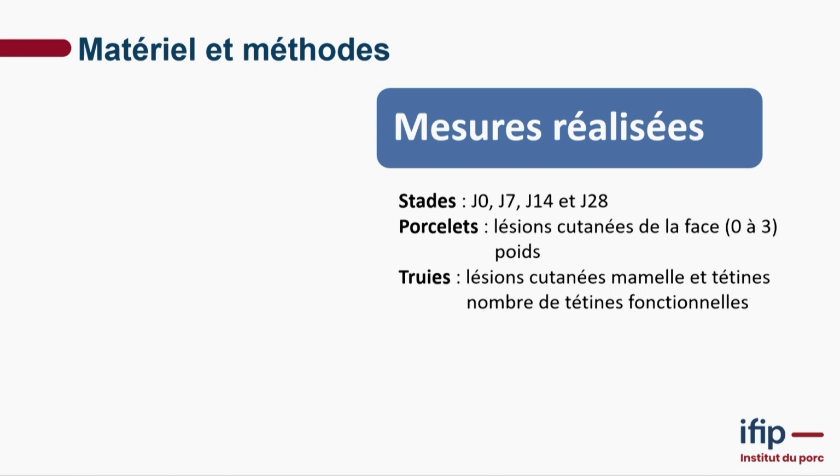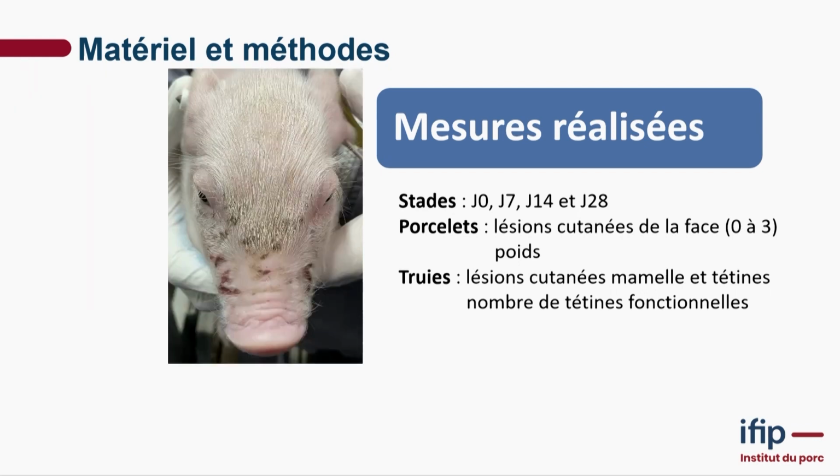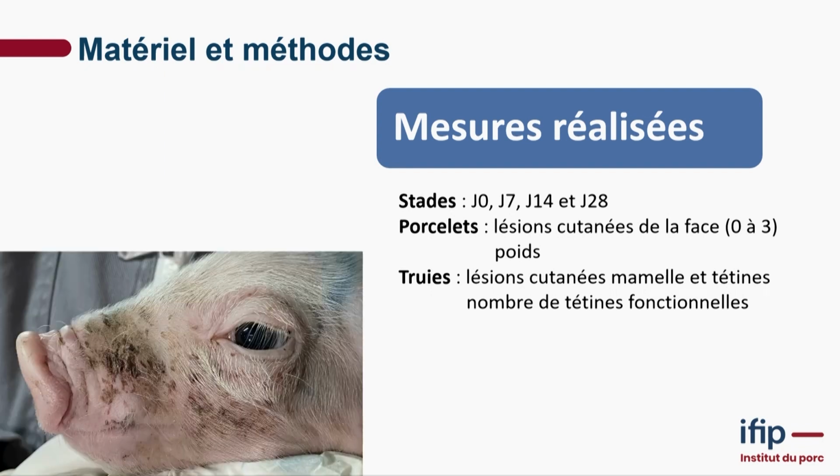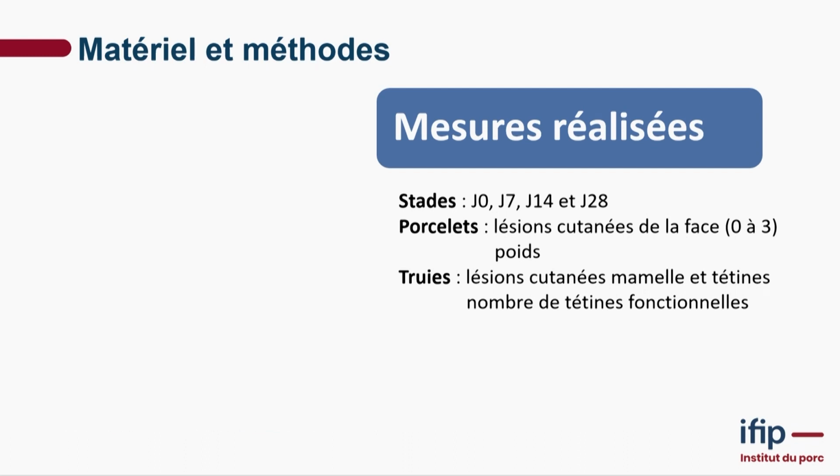On our piglets, we scored the lesions of face, left, right, and chin, 0 to 3. 0 is a piglet without any lesion. 1, a piglet with lesions between 0 and 0.25 of the area concerned. Then 15 to 25% of the surface, and 3 more than 20% of the injured lesion area.